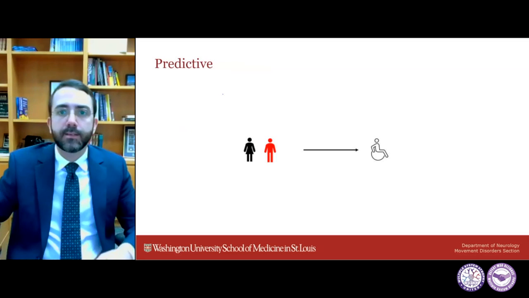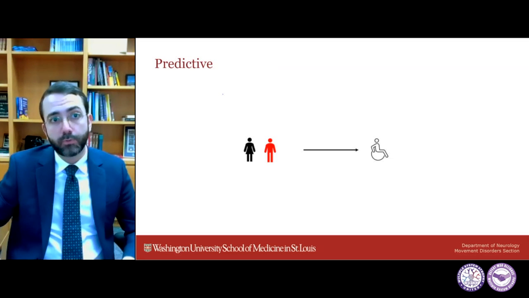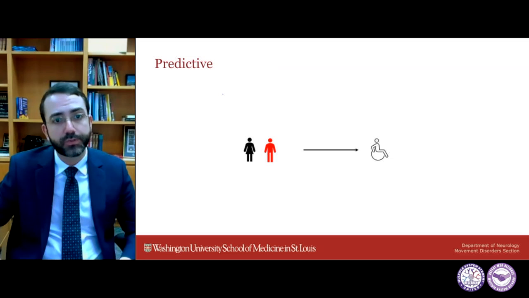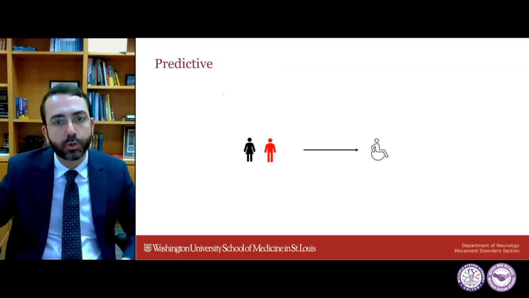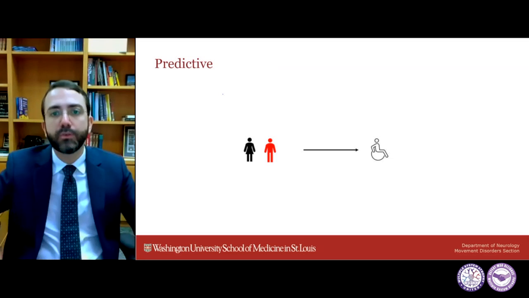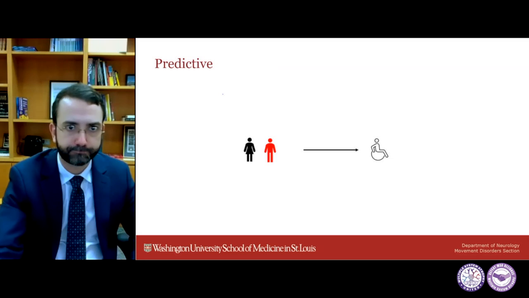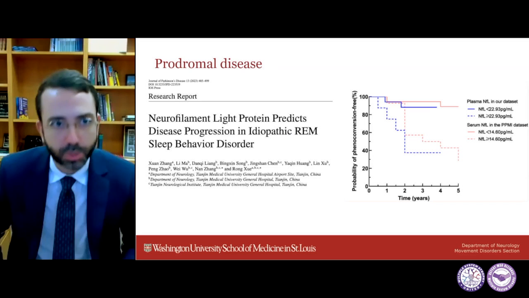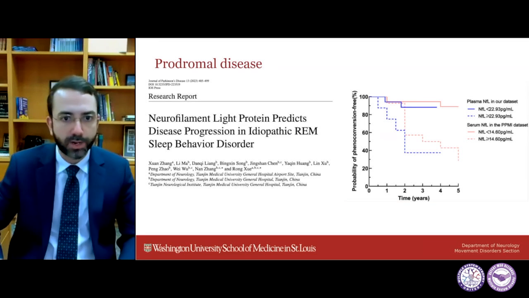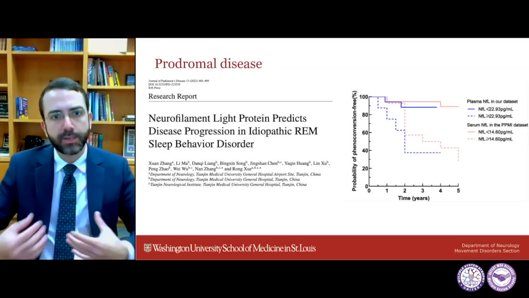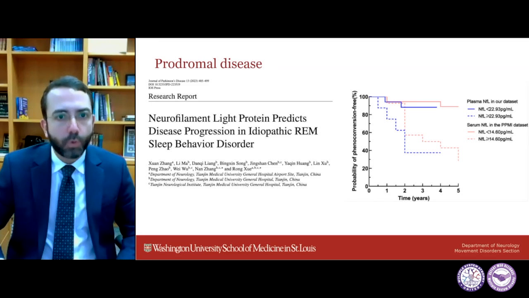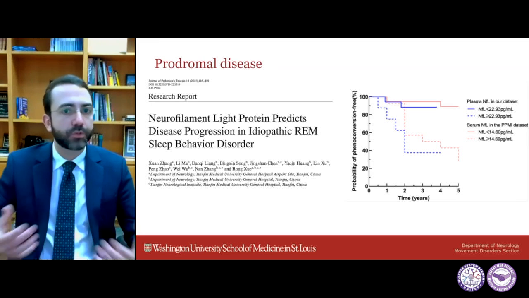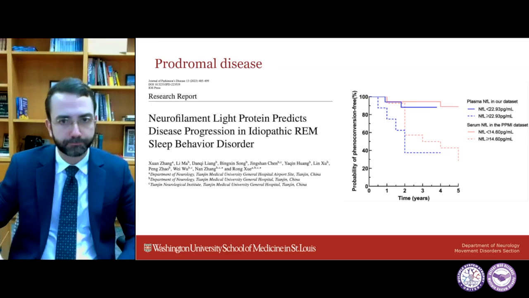As I discussed, it can also be extremely helpful to have a biomarker that allows us to understand who is going to develop MSA even before they have the first symptoms. And probably many people here know the concept of prodromal disease, but what I mean by that is looking at patients before they have the first motor symptoms of MSA.